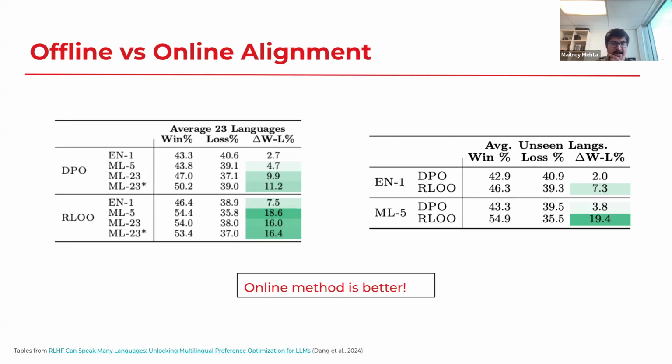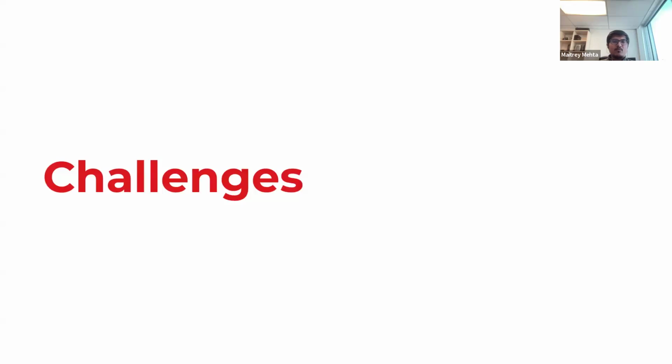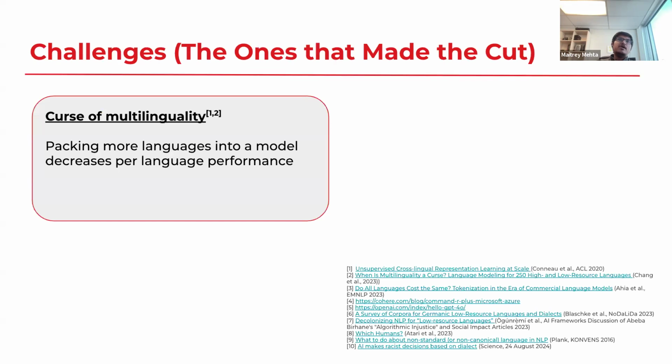I'm running out of time, so I'll quickly go through the challenges. There is another architectural direction of research in multilingual models, which is there on the slide, so you can look at it later. But what are some of the challenges that are there in the multilingual space? One of the major challenges in building multilingual models is the curse of multilinguality.